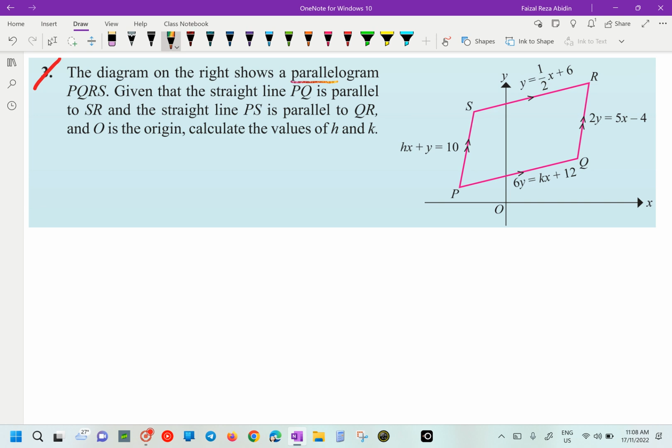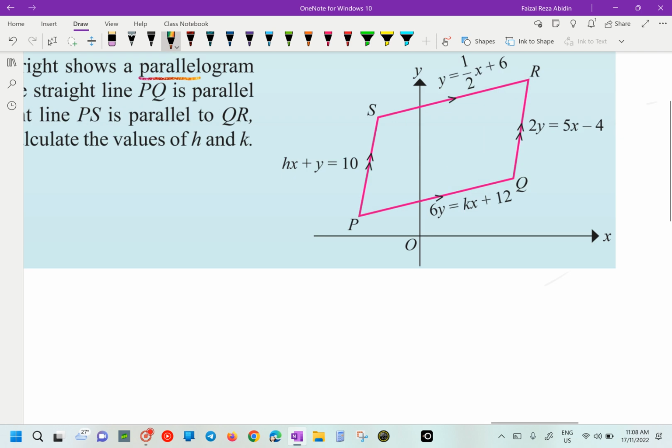The opposite sides are going to be parallel. So that means PS is going to be parallel with QR, and PQ parallel to SR. That's what the question said. Calculate the value of H and K.